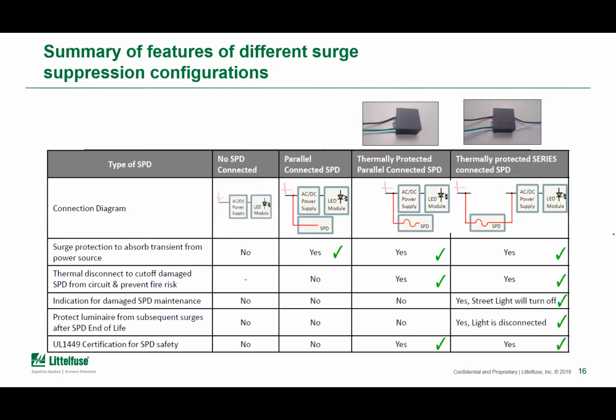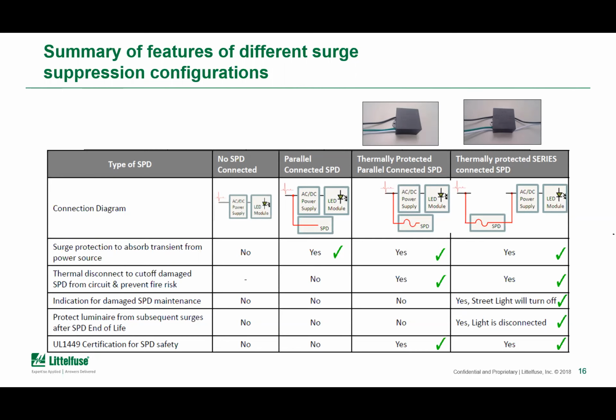There are a few different configurations when it comes to protection modules. You can either use no protection and just hope the driver protection is going to be sufficient, but typically that's not going to be the case in an outdoor application. Or you can use what's called a parallel connected surge protection device, or surge protection module. It's connected in parallel to the line.